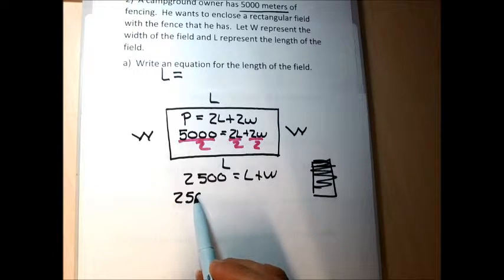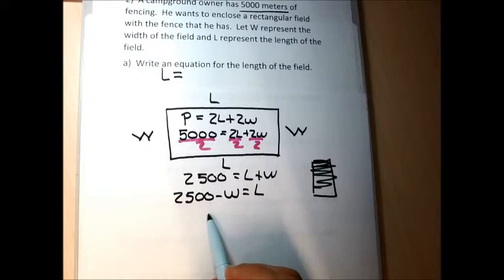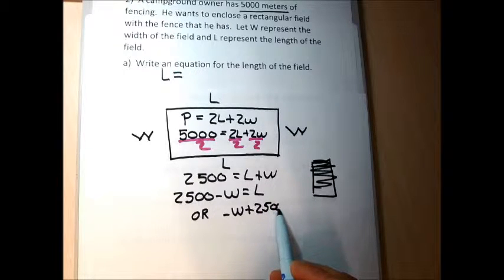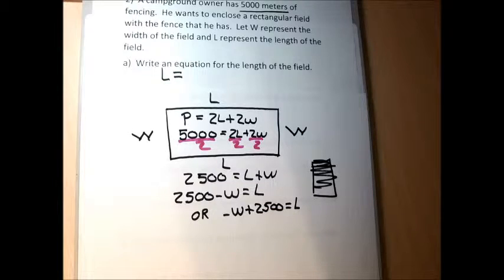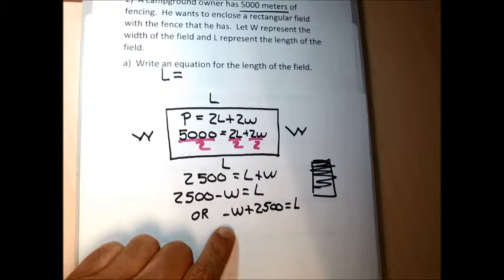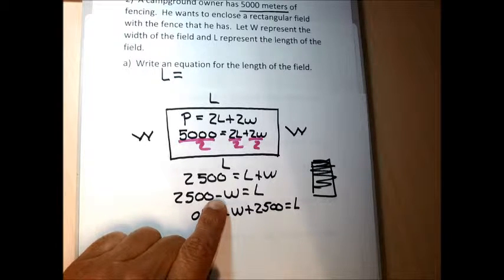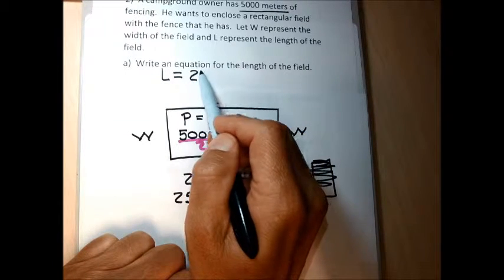I could either write 2,500 minus W equals L, or I could write minus W plus 2,500 equals L. These would both be fine answers for part A. And usually you write the letter first and the number second, so that's probably the nicer way to write it. I'm going to choose this version of it, but if you choose the bottom version, it's hardly that big of a deal.